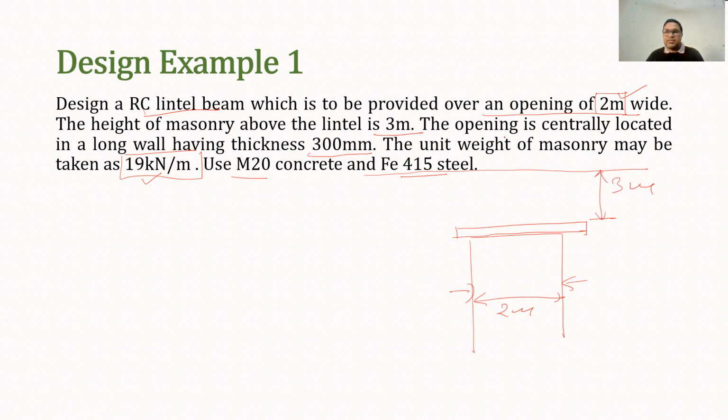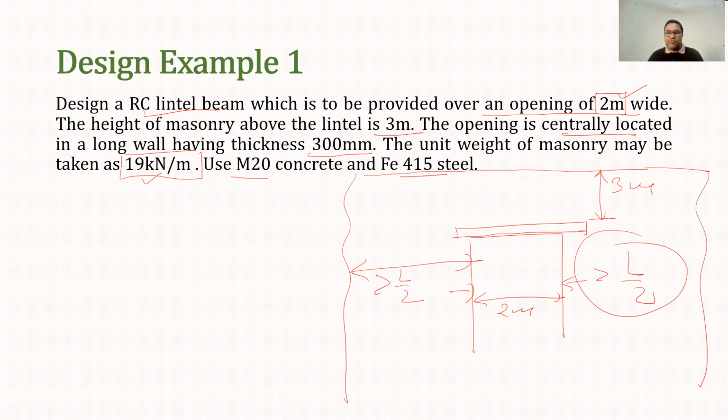Then it is saying the opening is centrally located in a long wall having thickness. Now it is mentioning that this is a long wall. Now with this statement we can infer that this length will be more than L by 2. Here also it will be more than L by 2, which means it will fall in case 1.